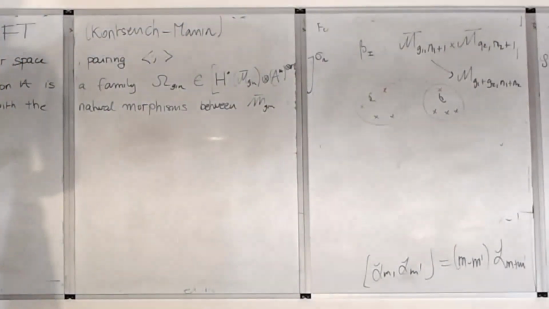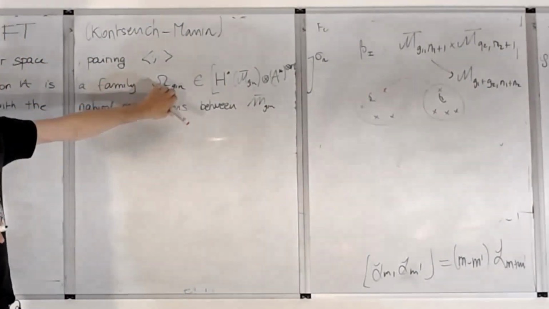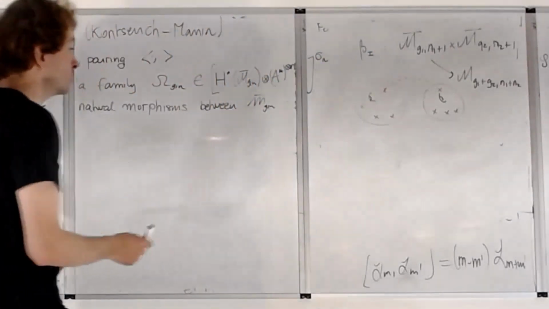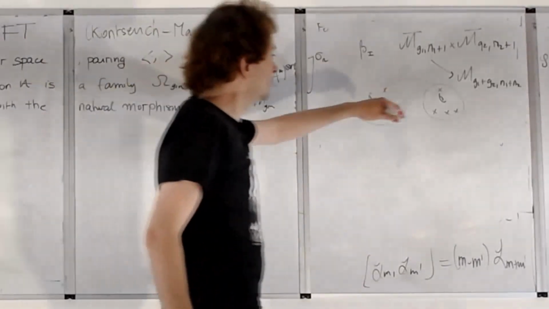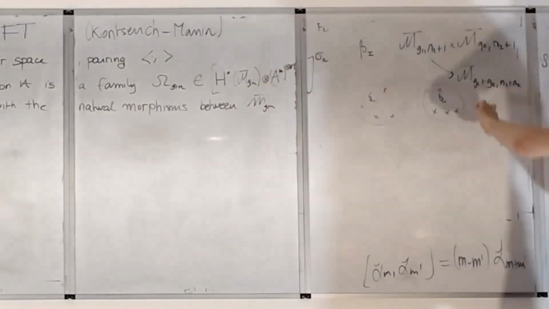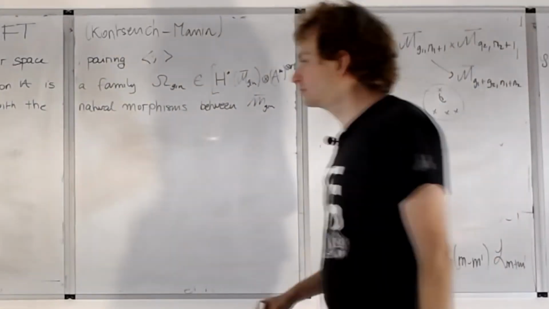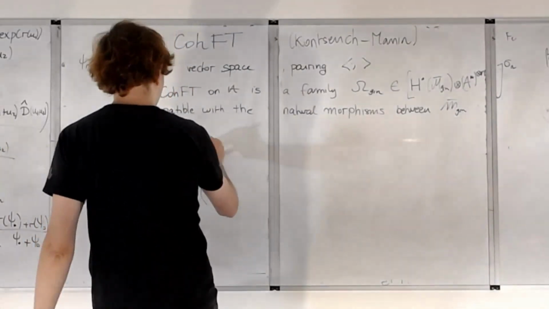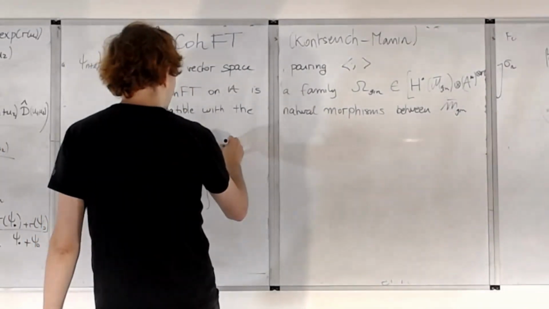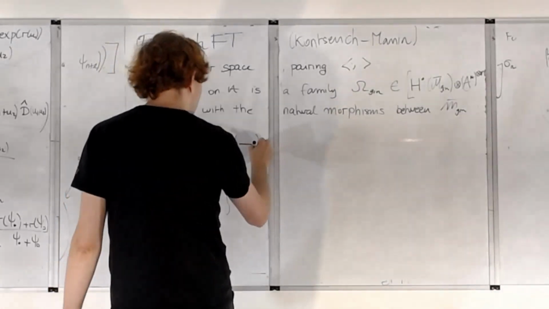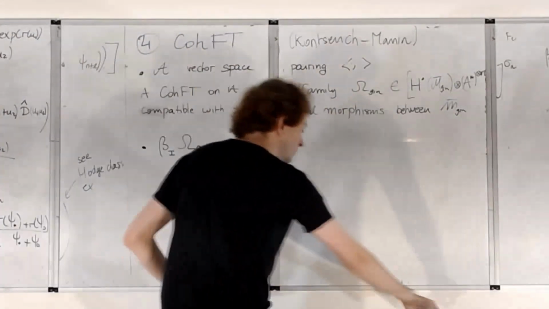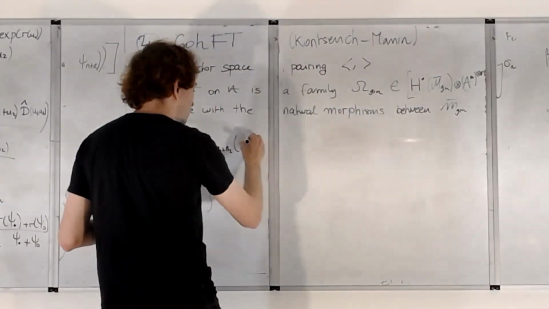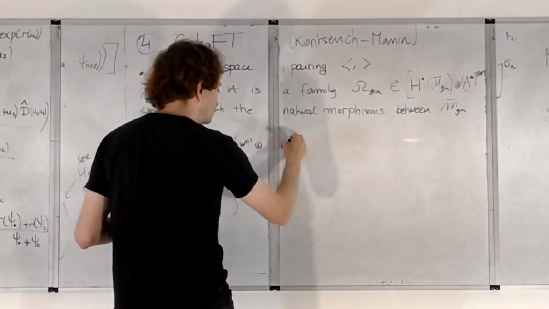And so when you have a collection of classes, you can ask that this is somewhat compatible with this map. So what does make sense? You can take a class here and try to pull it back. So you would have a class on M g1 plus g2, n1 plus n2, and of course you should insert, so maybe I will write things like this, W1 tensor W2.